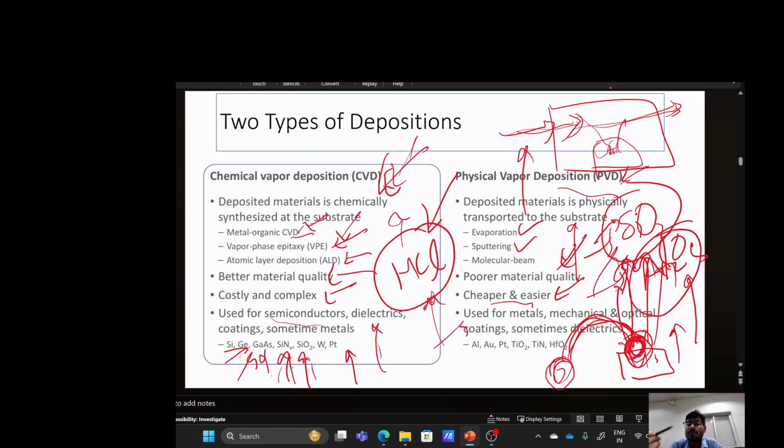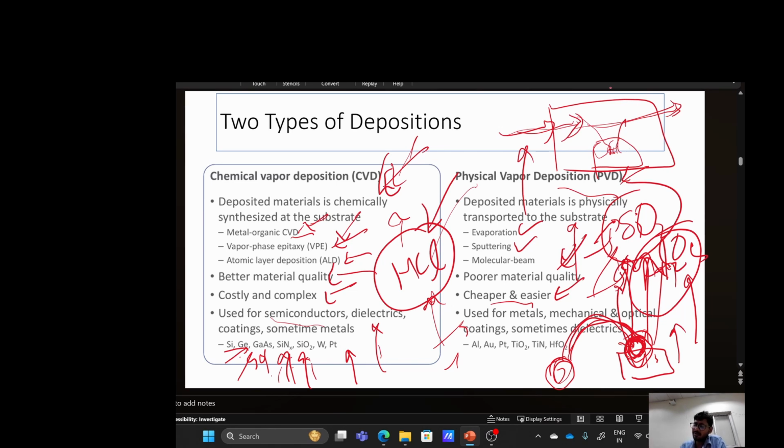This is mainly used for metals, actually, to deposit the metals. This physical vapor deposition is used mainly if you want to deposit aluminum, gold, platinum kind of things. And sometimes dielectric for the passivation.